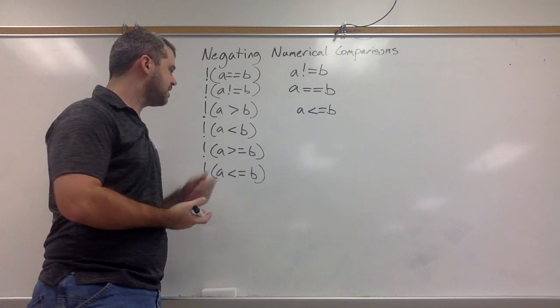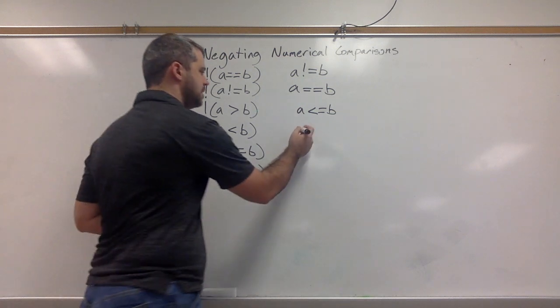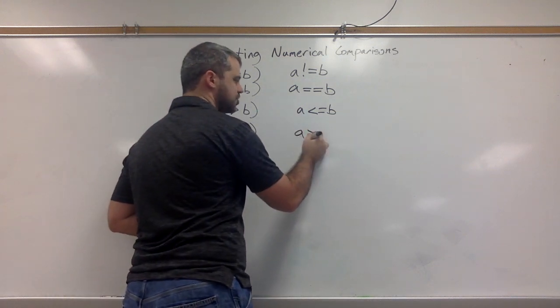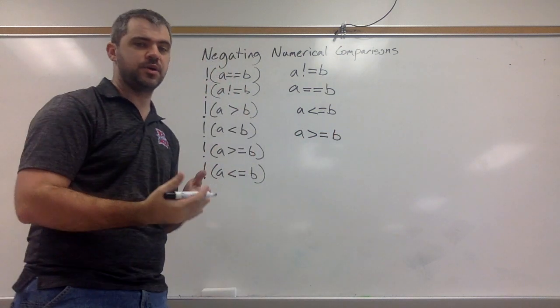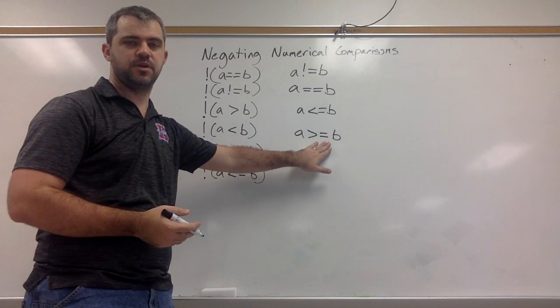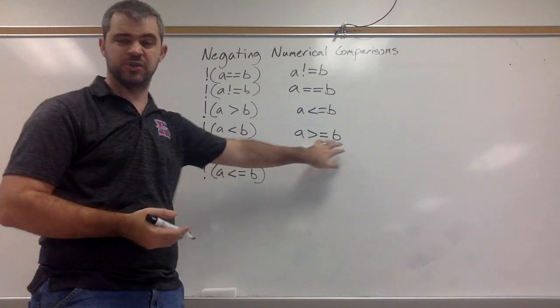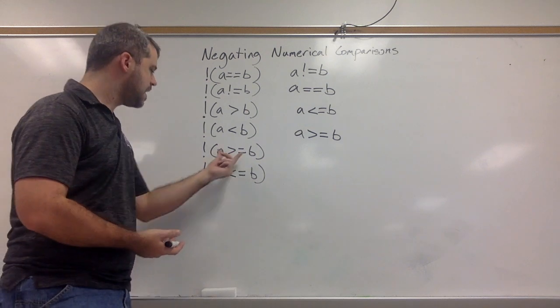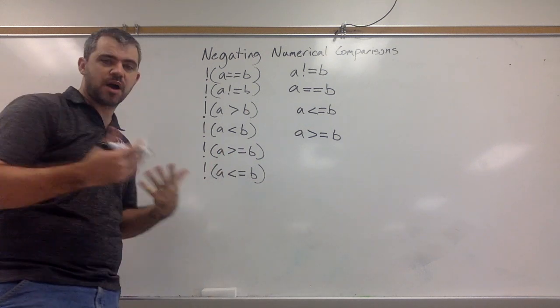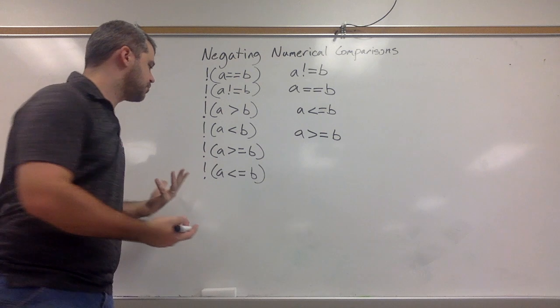If we're negating the idea that it's less than, the logical negation of that is greater than or equal to. Because again, this equal to was false over here, so it needs to be true over here. These you can probably figure out from before.